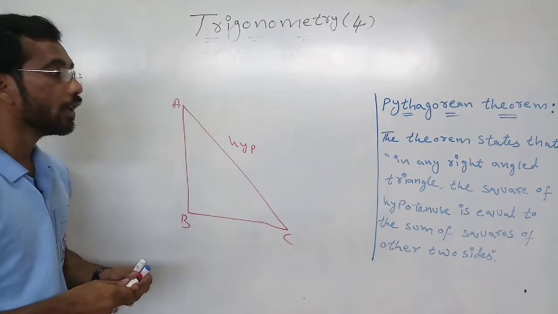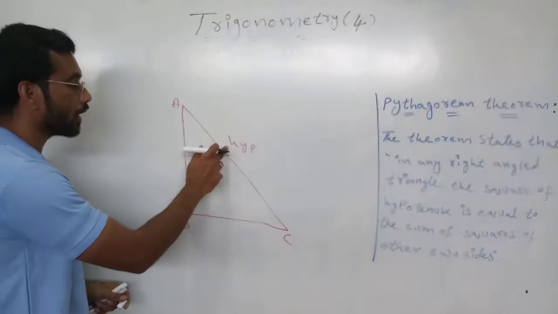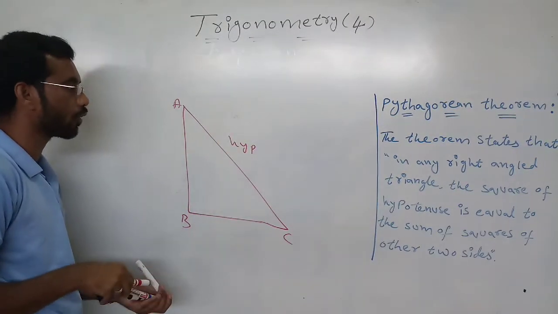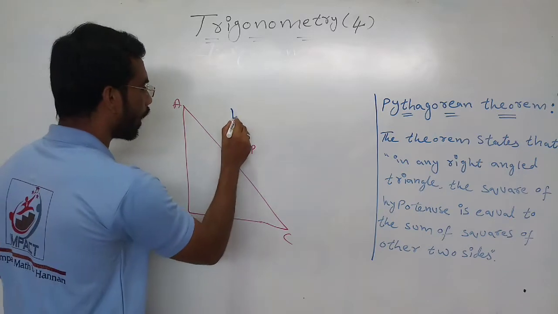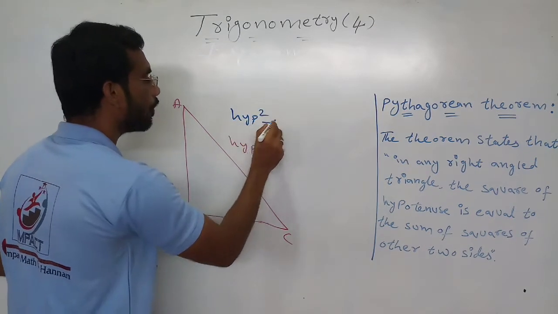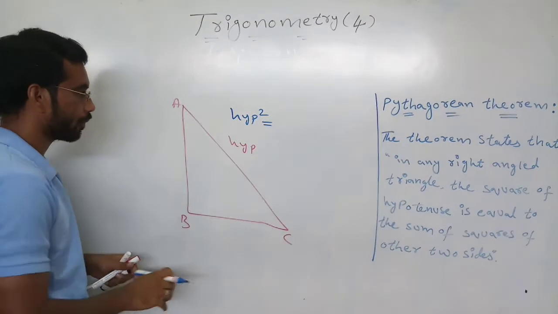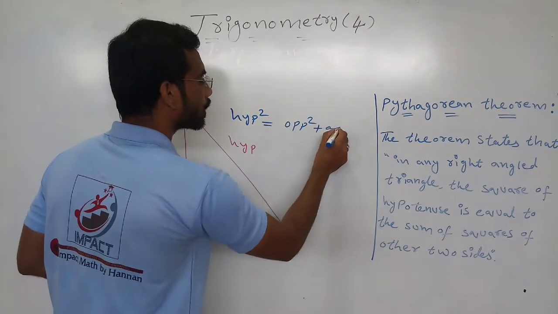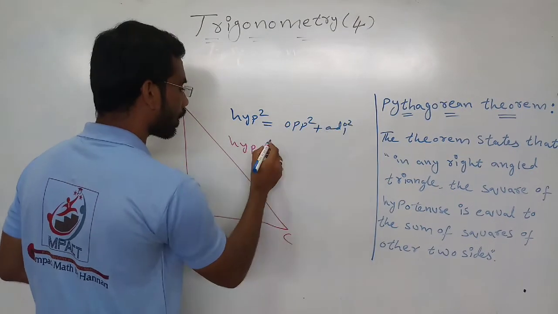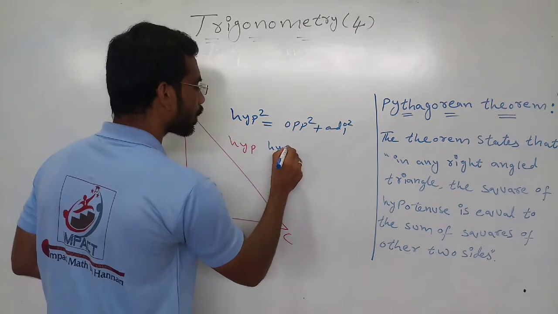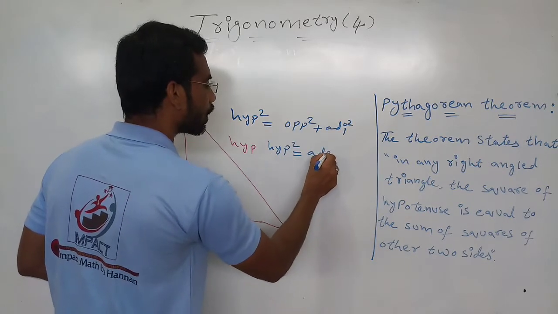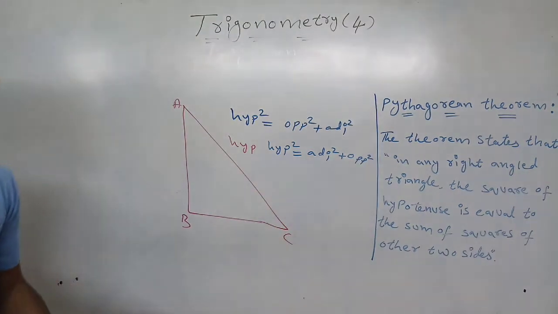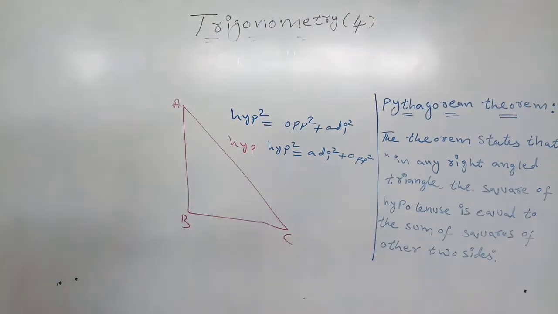According to the theorem, the square of the hypotenuse will be equal to opposite square plus adjacent square, or adjacent square plus opposite square.